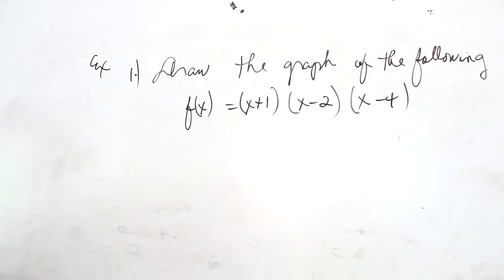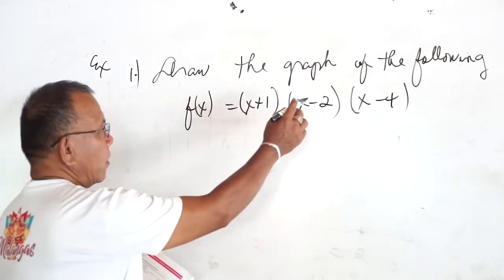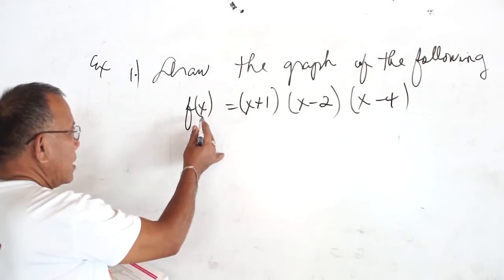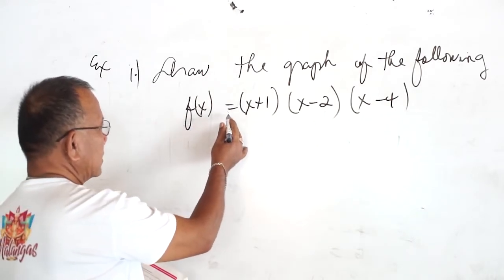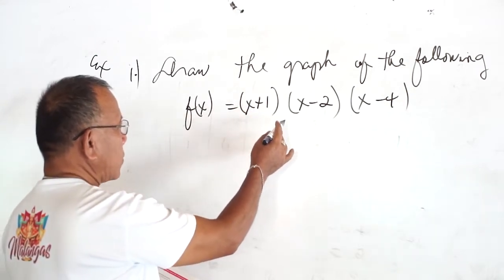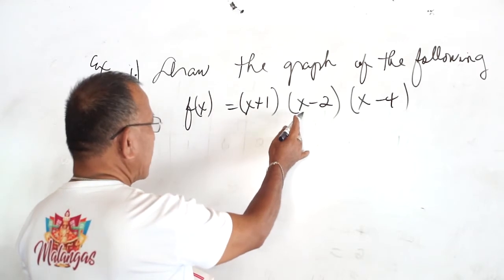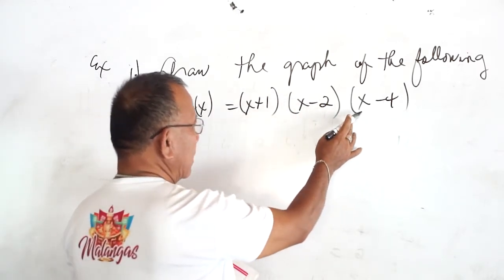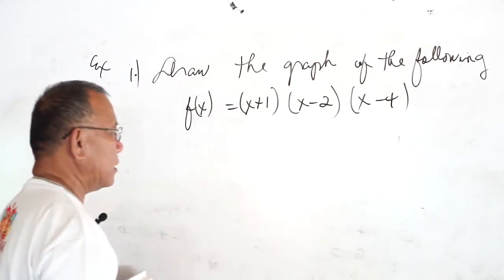example number 1, draw the graph of the following. We have the function f of x is equal to the quantity x plus 1, then the quantity x minus 2, then the quantity x minus 4.